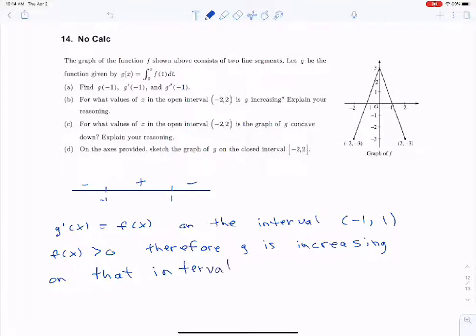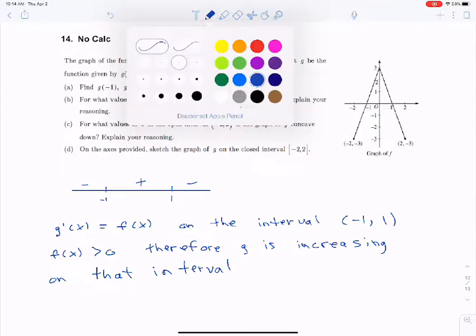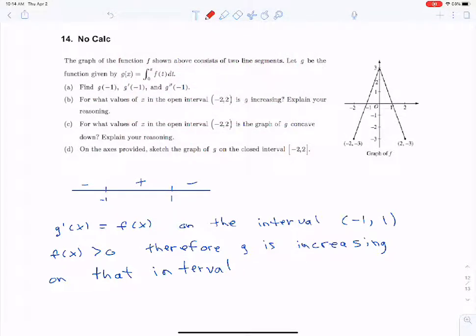A couple things I want to point out here. One, I want you to notice how I pointed. I said, look, the question was about g. It's asking where g is increasing. So I said, g prime of x is equal to f of x. Now I'm talking about f of x.